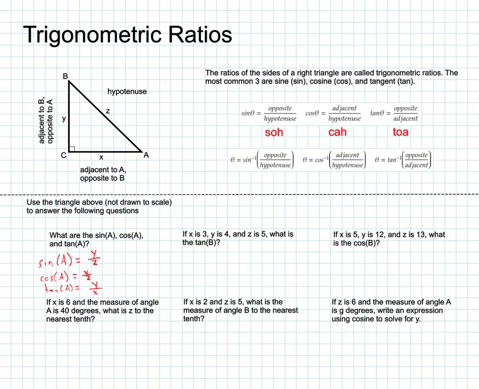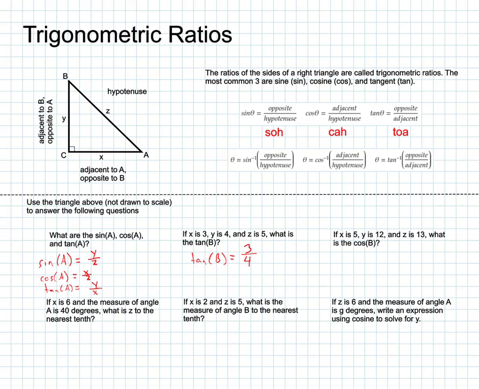If x is 3, y is 4, and z is 5, what is the tangent of B? Alright, so tangent of B is going to be equal to opposite over adjacent. So opposite B, we have x, and x is 3, and adjacent to B is y, and y is 4. So the tangent of B is equal to 3/4.